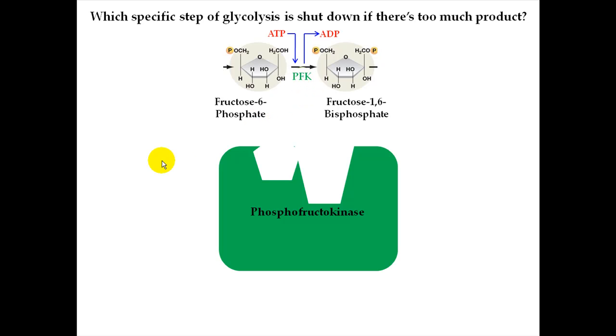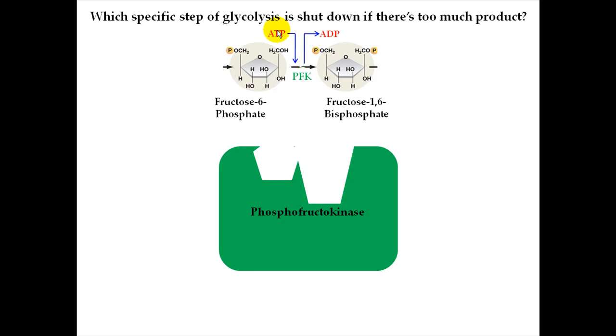Here's a molecule of phosphofructokinase. The substrates for phosphofructokinase in this reaction are fructose 6-phosphate and ATP, and the products are ADP and fructose 1,6-bisphosphate.